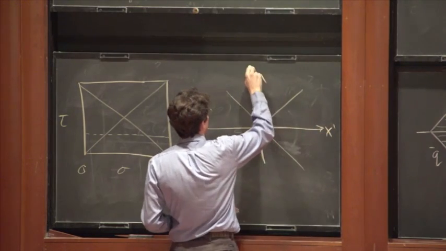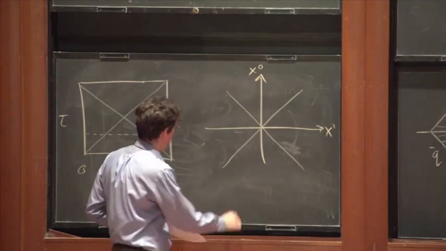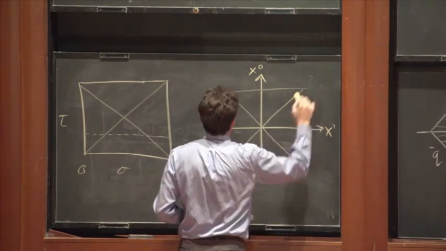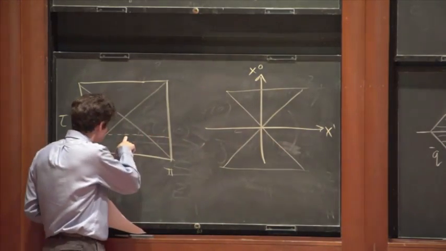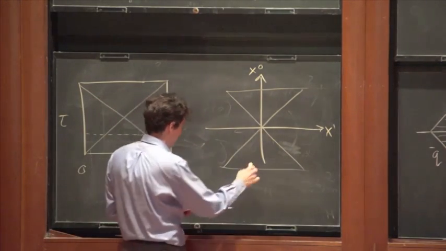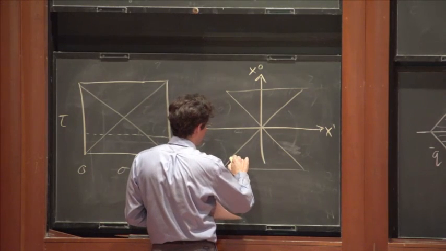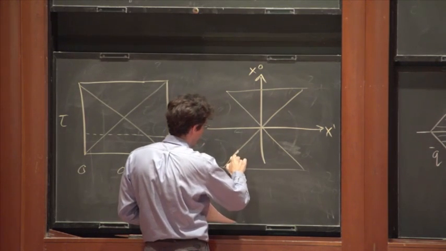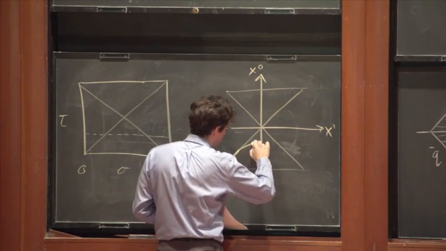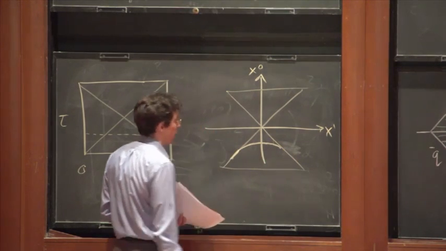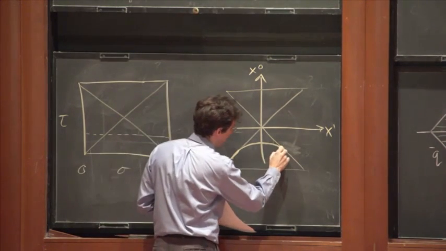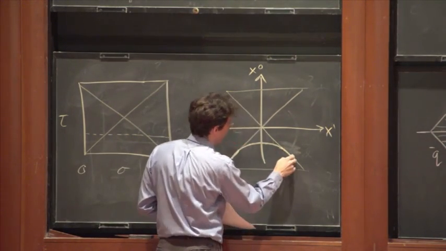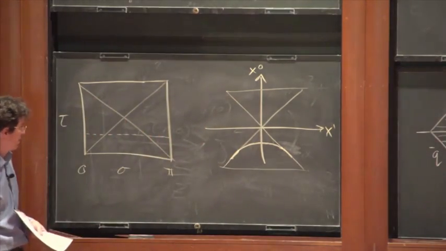This is now x1, x0. This snapshot maps partly onto the light cone itself over a finite distance on the light cone, and then it's got some little curvy thing across the main part of space-time, and then it goes back onto the light cone for a finite amount of parameter space.